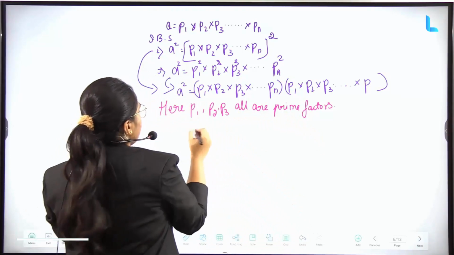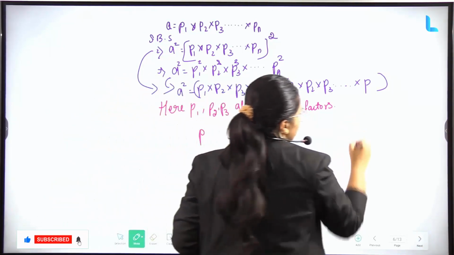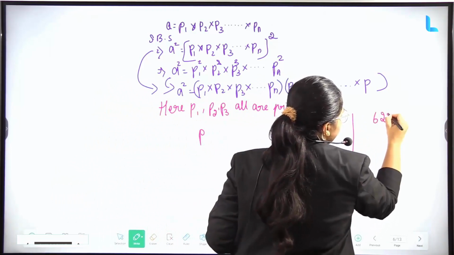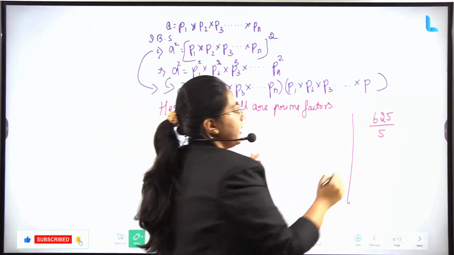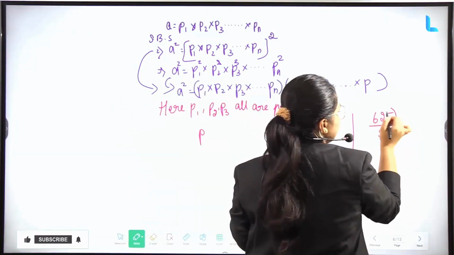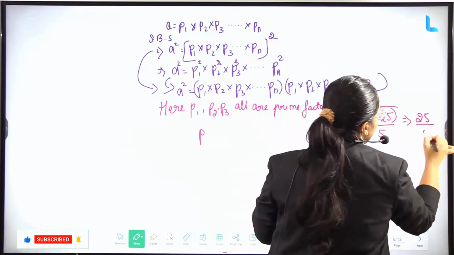So P1 here, if we consider any number, say 625 and 5. This is a number, okay, 625 we have considered. 25 upon 5.